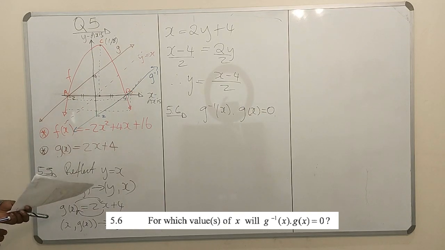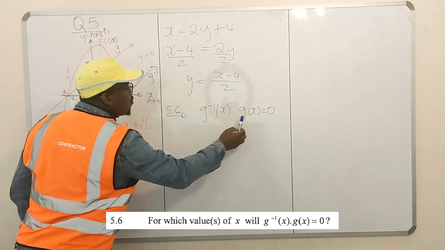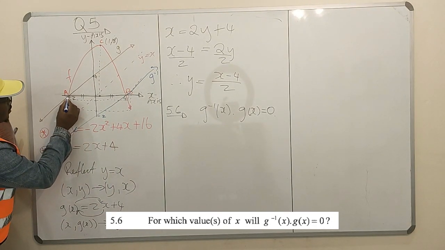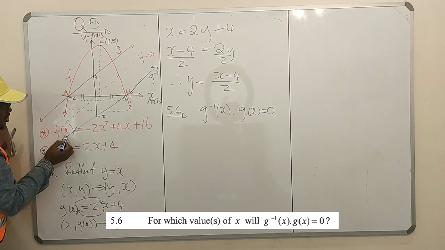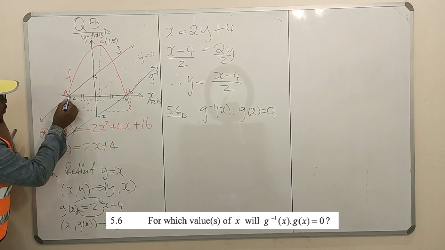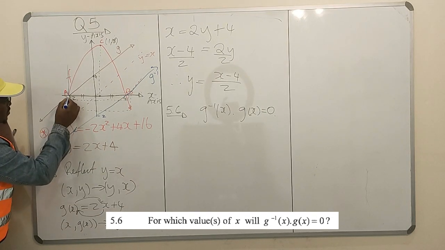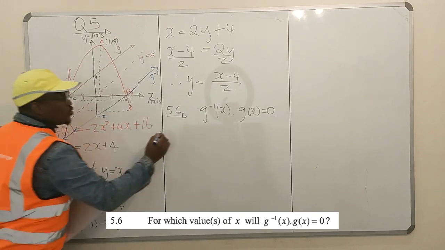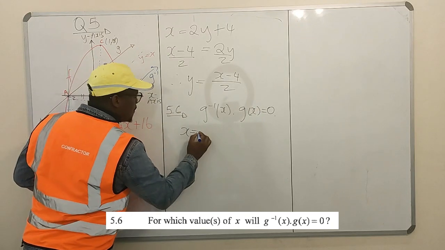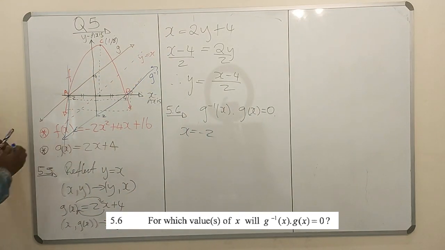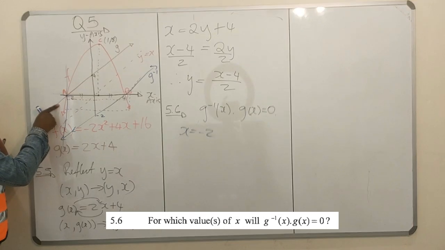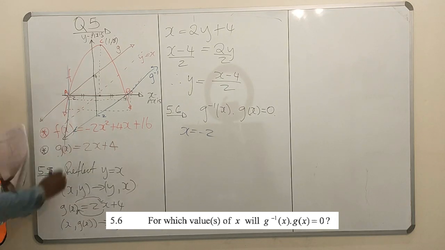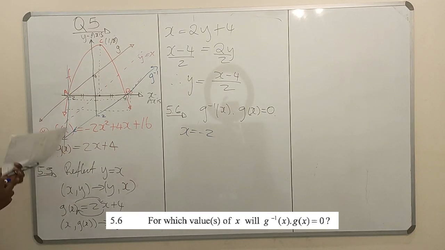Right? So, you will have the product of 0 if one of them is 0. For example, here, your g is 0, but your g inverse is not 0. So at this point, which is x equal to minus 2, the product of these two will be 0. Right? So at x equal to minus 2, the product of the inverse and g will be 0 because the y value of g is 0 at this point. Where will this happen again? Here.